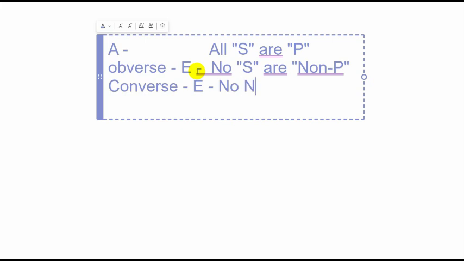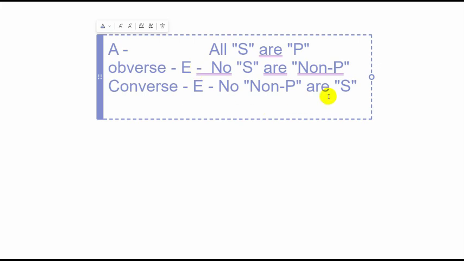So no non-P are S. No non-P are S. That's correct. So this is how you convert a proposition into contrapositive partial.